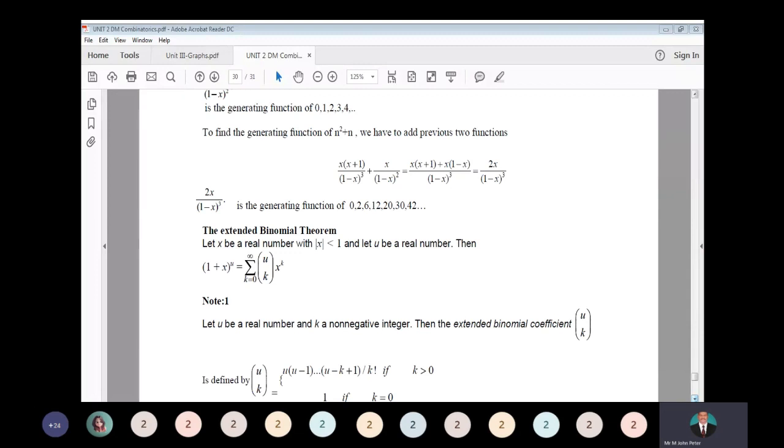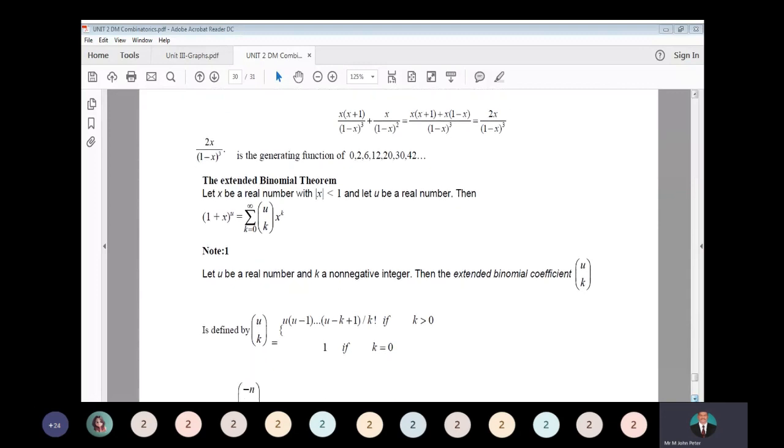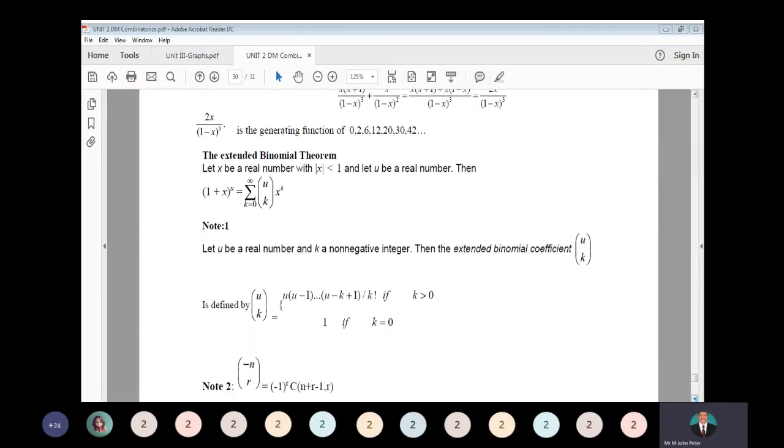Otherwise in column form we write it as u over k, read as u C k. Let u be a real number and k be a non-negative integer. Then the extended binomial coefficient u C k is denoted by u into u minus 1, u minus 2 and so on, up to u minus k plus 1, divided by k factorial if k greater than 0. That is 1 if k equal to 0.